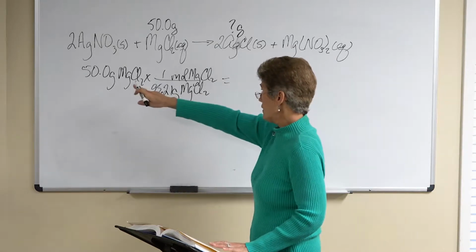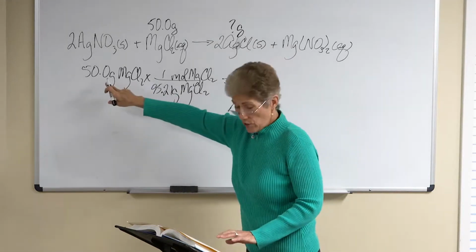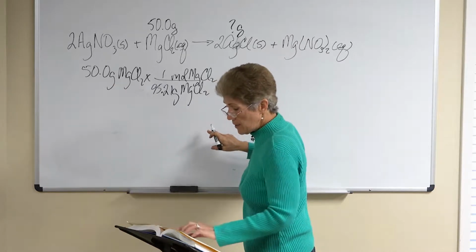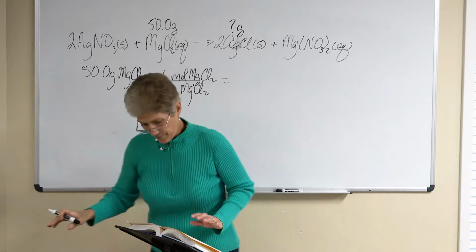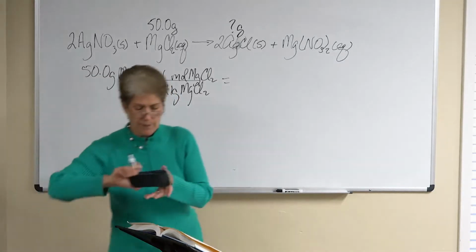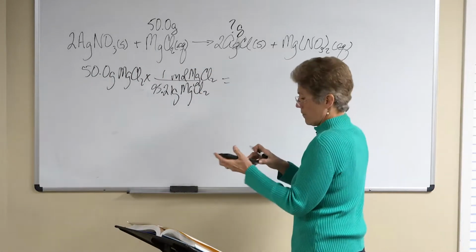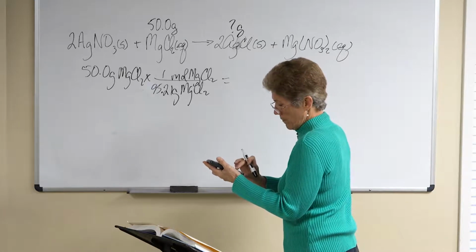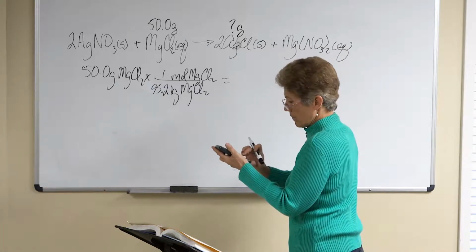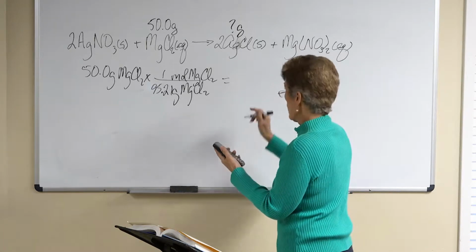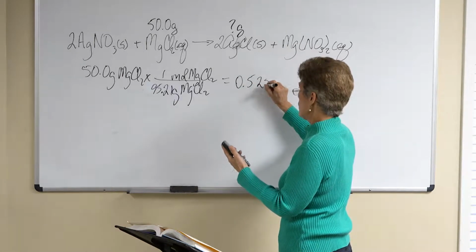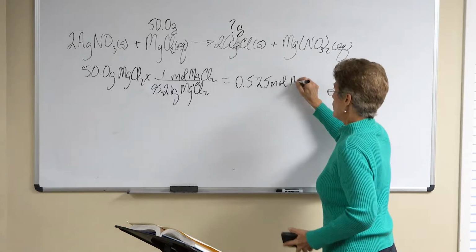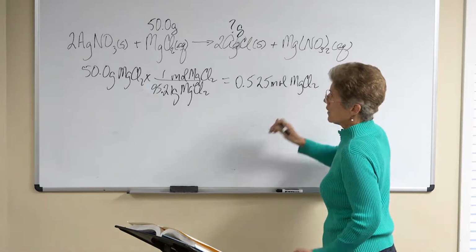And so when we do this, we have 4 significant figures here, 3 there, so our answer has to be in 3 significant figures. And so that is going to give us, in 3 significant figures, the moles of magnesium chloride.